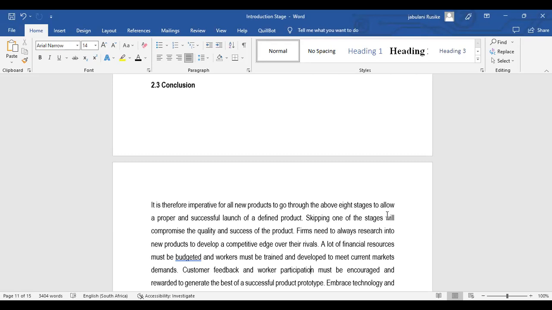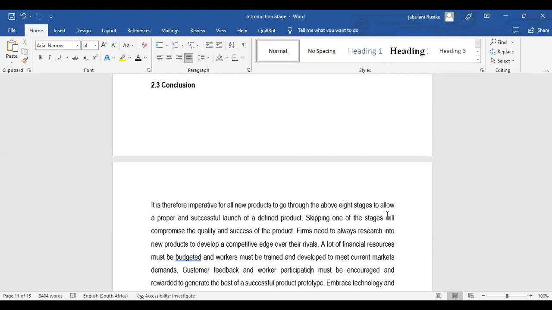I always advise people to make sure that you have your headings and subheadings so that it becomes easy for whoever is going to mark. If you write just a flat essay without headings and subheadings, sometimes it reflects badly, especially in terms of presentation.